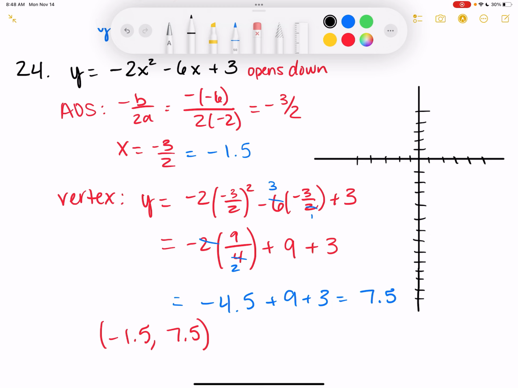I don't know why I just went down so far. It's a positive 7.5. 1, 2, 3, 4, 5, 6, 7, 8.